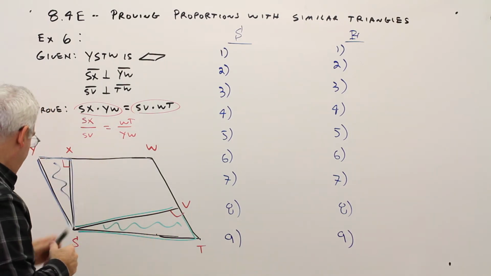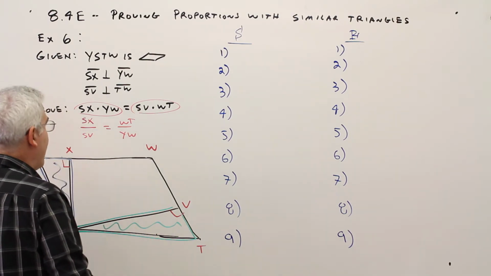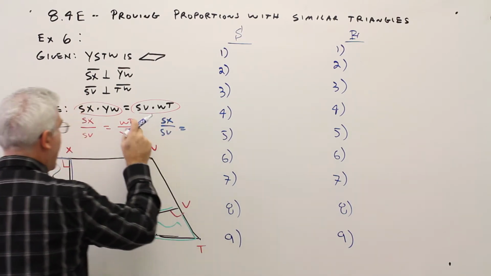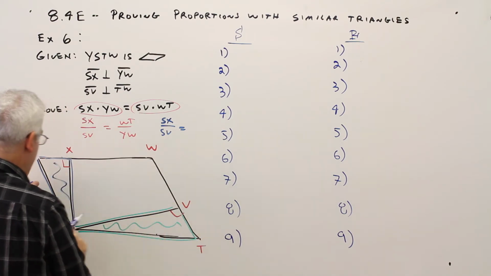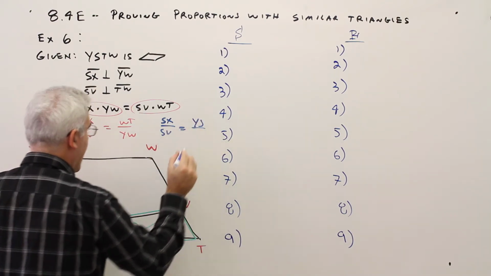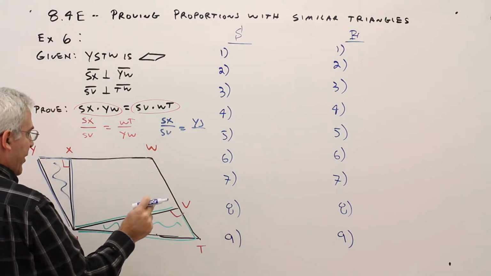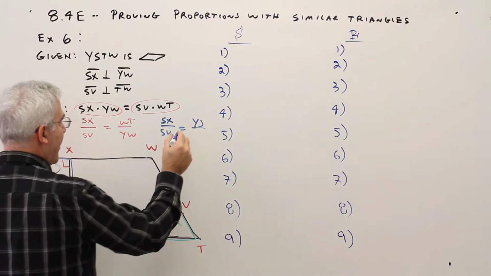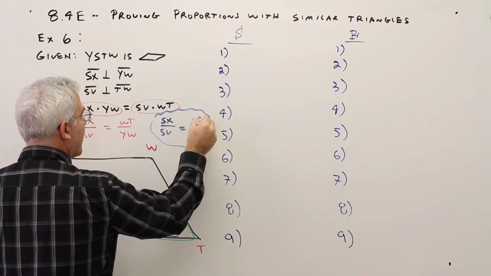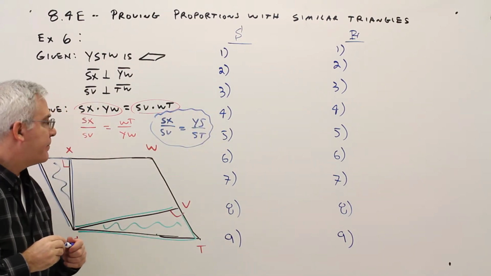So just to let you know, this is going to actually turn into the following: SX over SV, instead of WT, that's going to be YS, and instead of YW, that's going to be ST. So this is really what I'm going to be looking for.